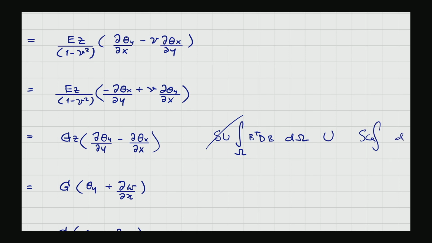Anyway, we ultimately end up with the B transpose DB that reflects what's going on inside your element. It will integrate every single part of the volume of your structure, in order to find the work done by strain. Okay, so we are going to formulate the following.